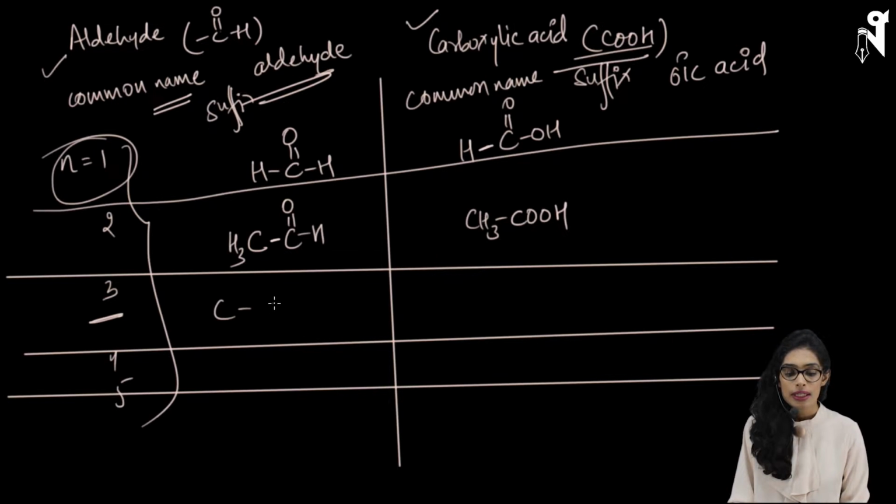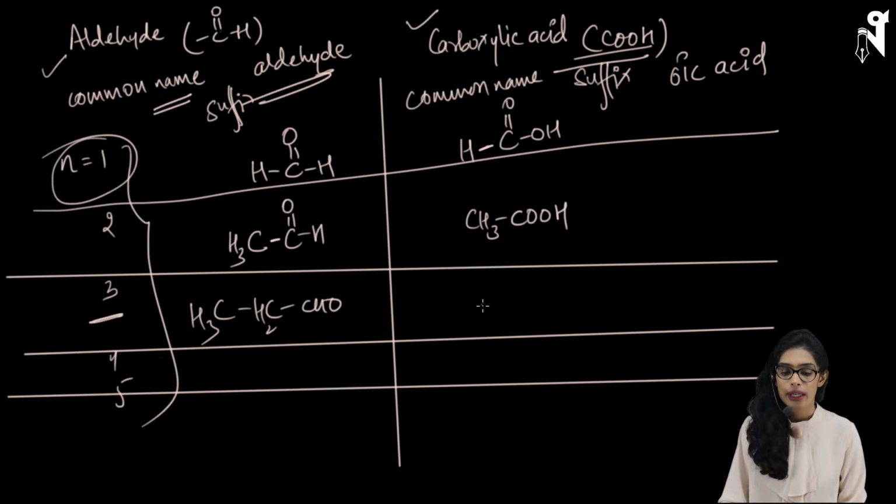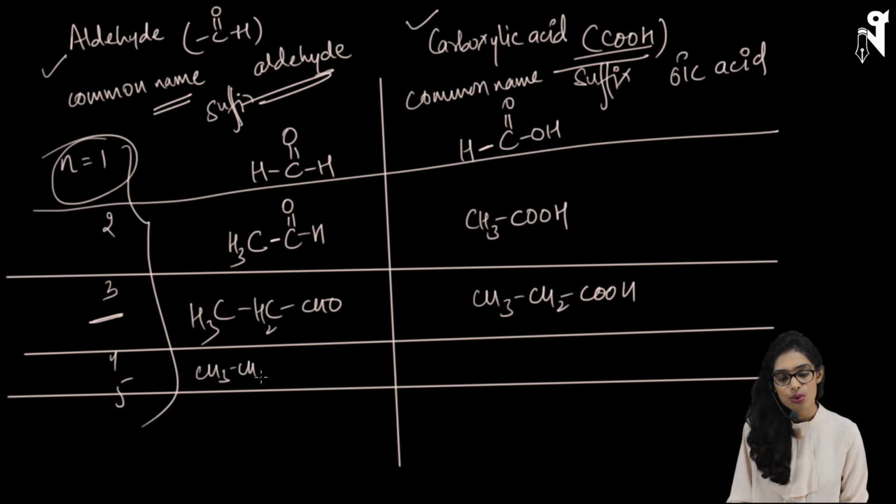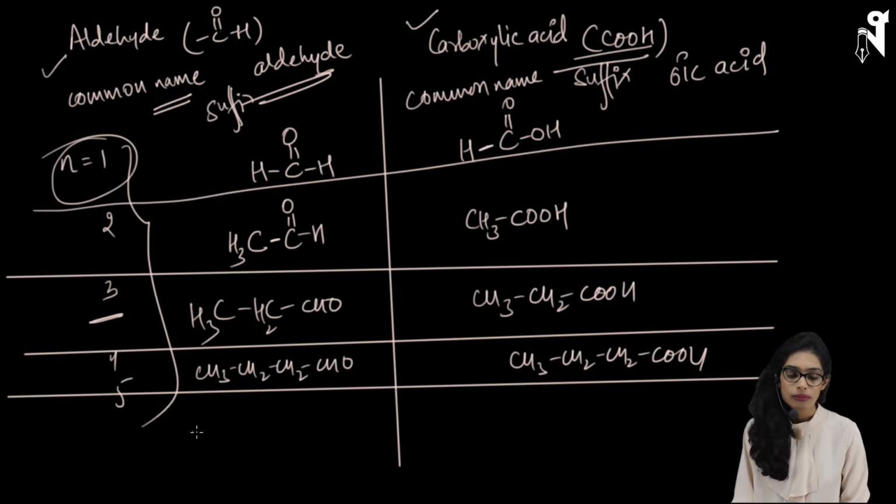Now I want to make an aldehyde of 3 carbons. It will be C, C and CHO, so I'll write it as CH3, CH2, CHO. And here again, I'll write CH3, CH2 and COOH. Similarly, here I'll write CH3, CH2, CH2, CHO, and CH3, CH2, CH2, COOH.